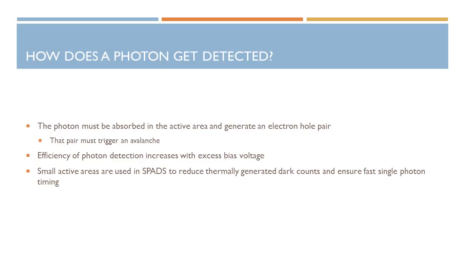Dark current rises when excess bias voltage increases because the greater electric field now also induces more generation of carriers within. To reduce thermally generated dark counts and ensure fast single photon timing, single photon avalanche devices tend to have small active areas to reduce the number of generations and recombinations.